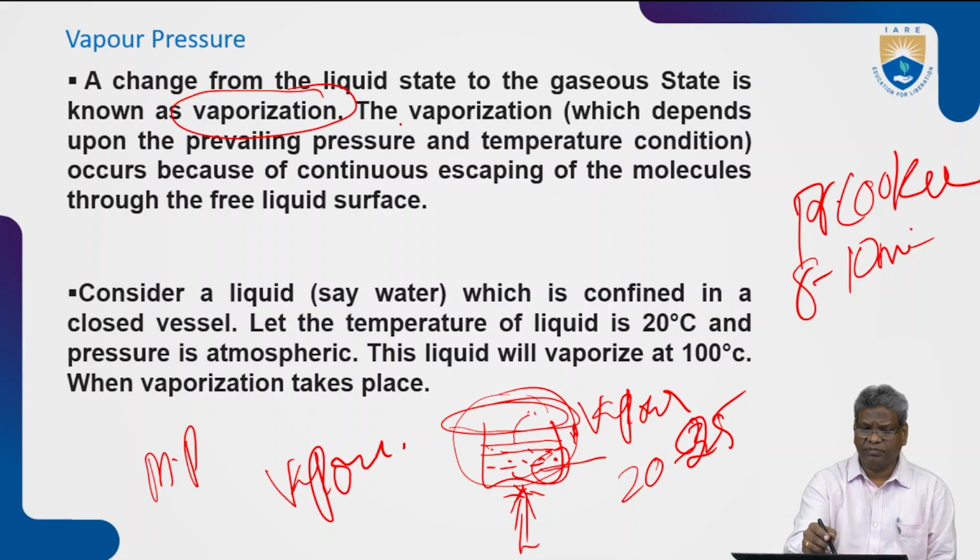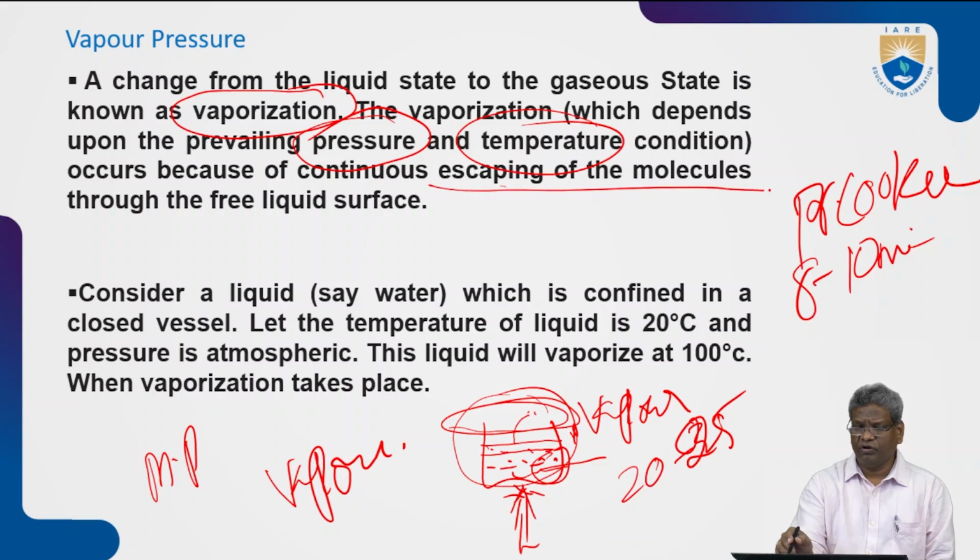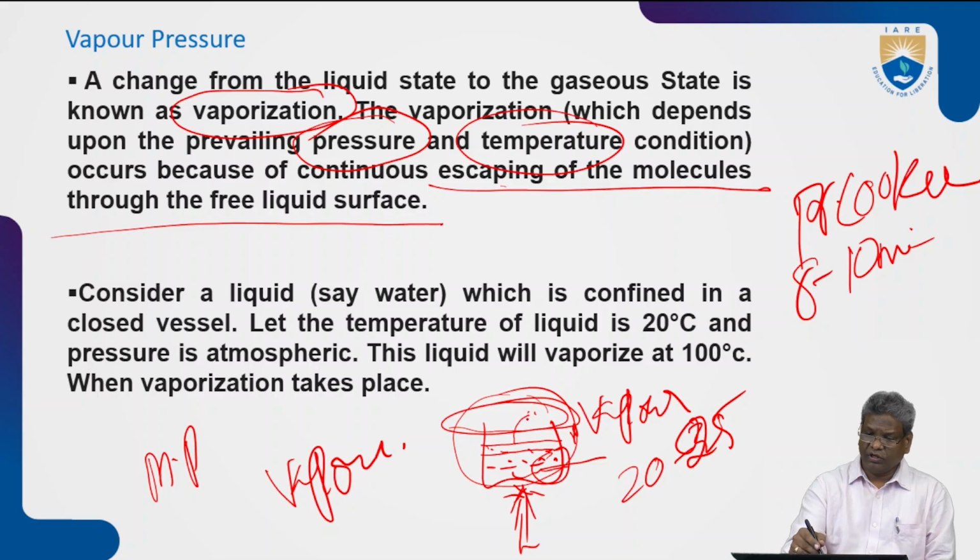So it always depends upon the pressure and temperature. It occurs because of continuous escaping of molecules through the free liquid surface. Suppose you are not keeping any plate here, open to atmosphere, these water molecules or vapor molecules escape from the free liquid surface.